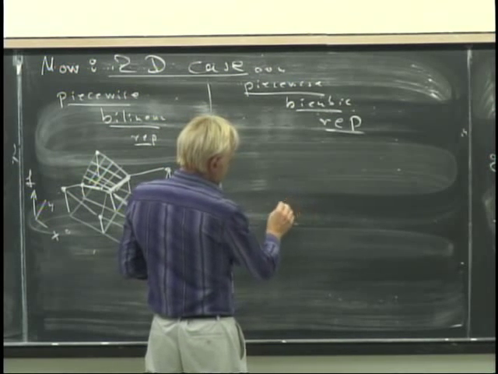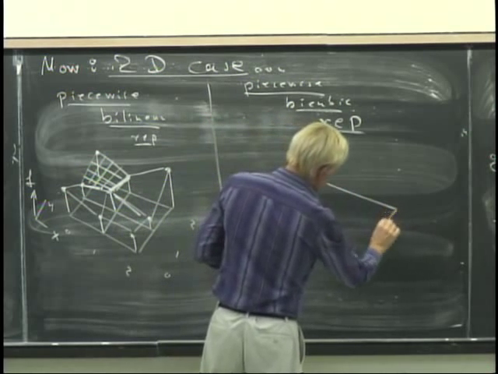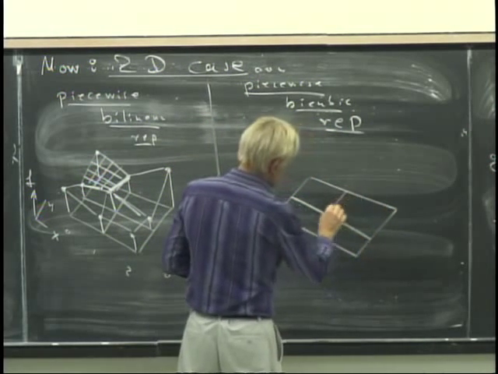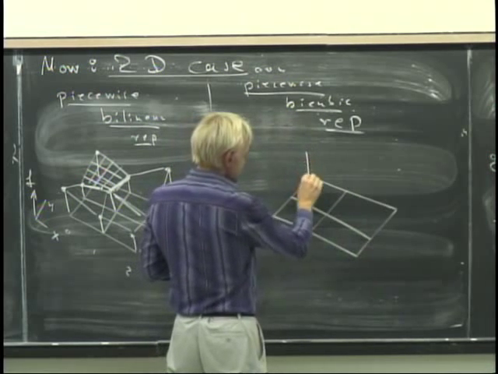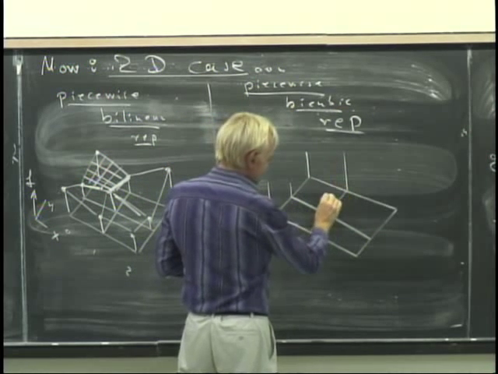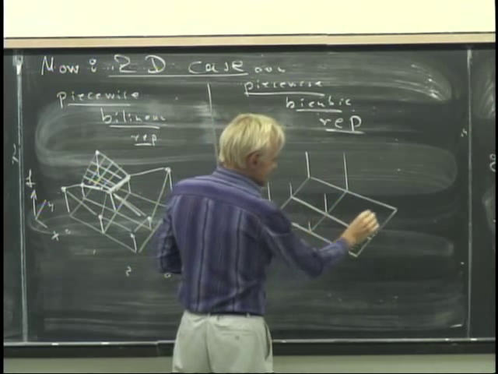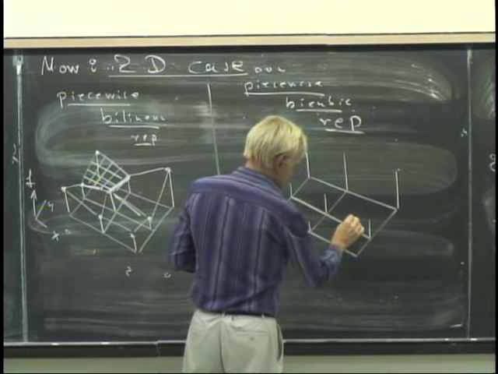In the piecewise bicubic case, the surface that we would get for the same type of data, high, lower, lowest, high, low, higher.